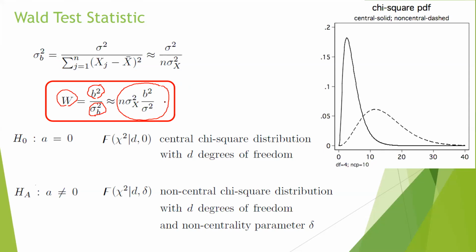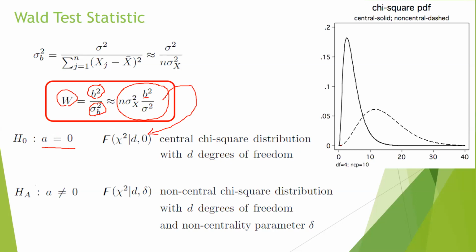All right. So if the null hypothesis is true, which means A is equivalent to B here, so there are no additive effects, then this statistic will follow a central chi-square distribution with D equal to the degrees of freedom.